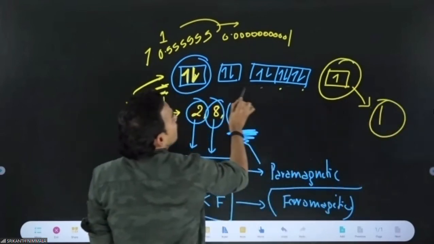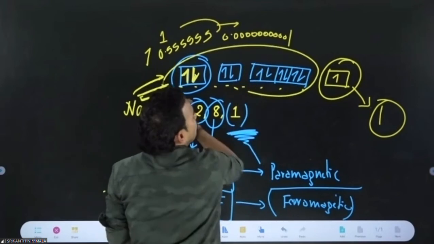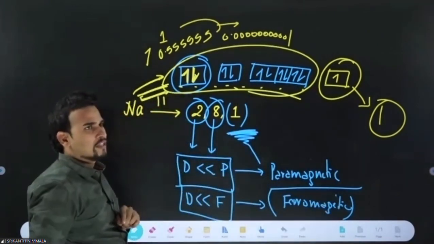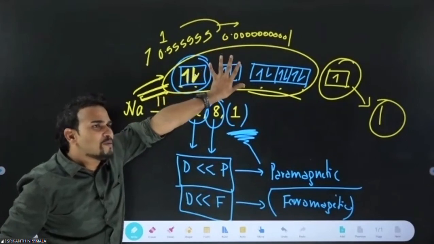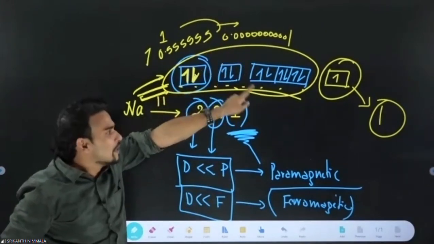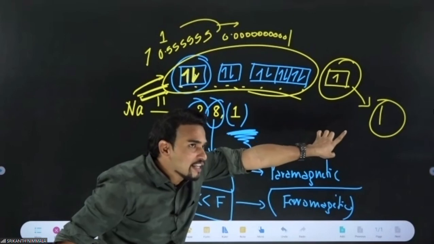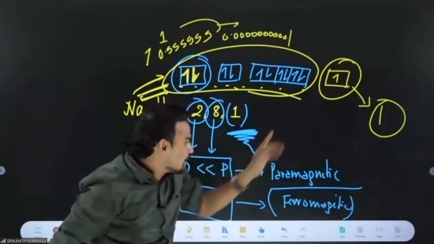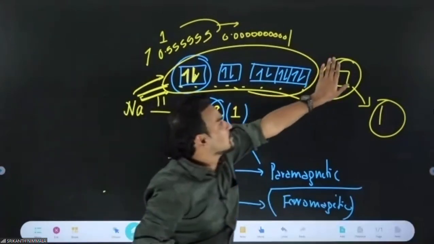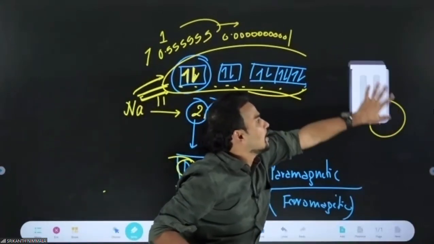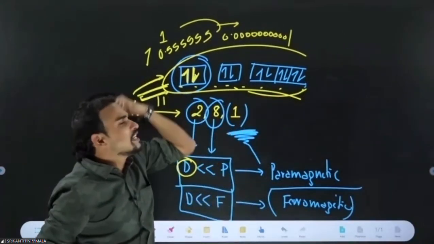But if you have one single unpaired electron, it contributes completely one. Even if you have 100 paired ones multiplied, it is almost negligible. This is completely one. That's why diamagnetism becomes less dominant. If unpaired is not there, only the paired electrons will decide everything.